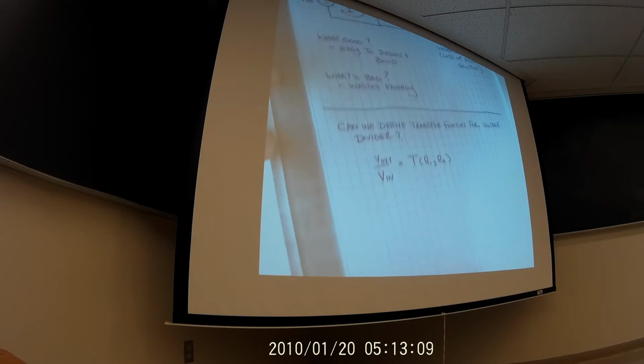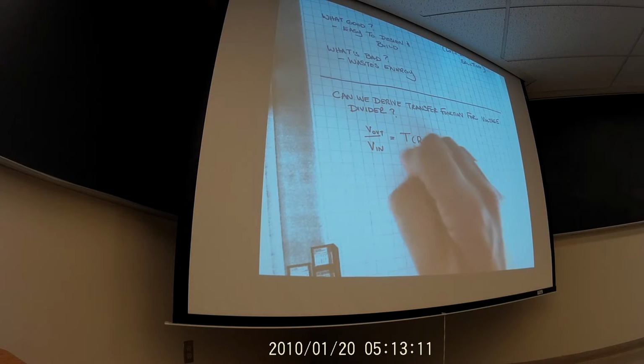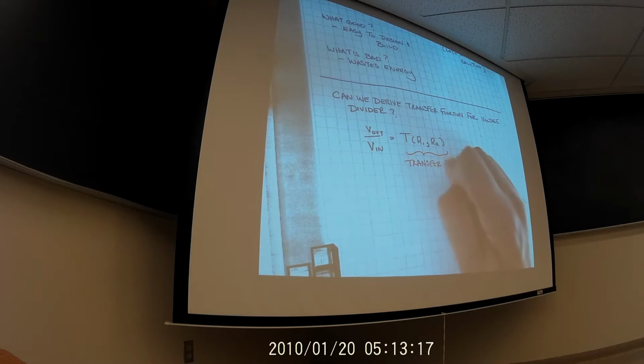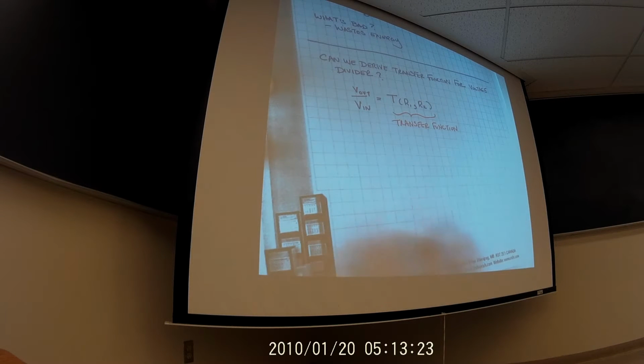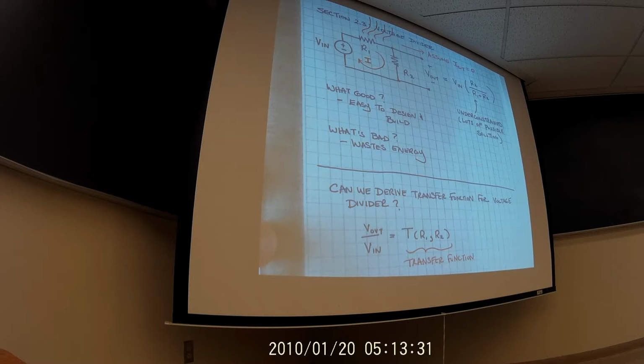Those are the two values that determine how the voltage divider will operate. I don't think there's any need to redraw the circuit. We already have the circuit up here.